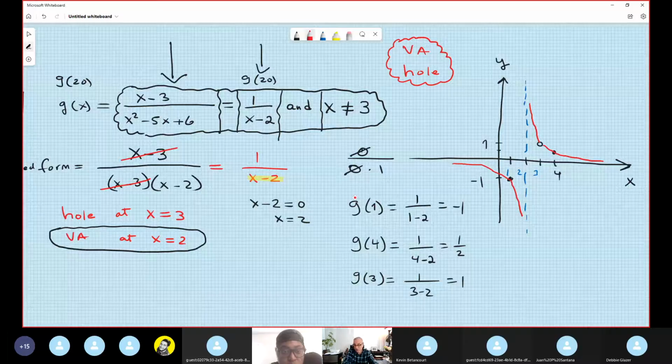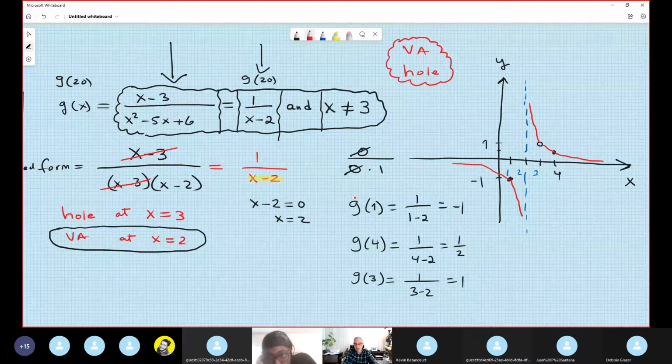You evaluate an arbitrary point, 1, 0, -1, or 4, or 5, not 3, because 3 is a hole, right? You determine positive, negative. You say I got it, the behavior. Okay, now the graphical representation of the hole, you know, is a circle. You saw before in a piecewise function, no? It's a circle, and this circle is completely open, and you see it's a hole. Any question? Do you follow me?